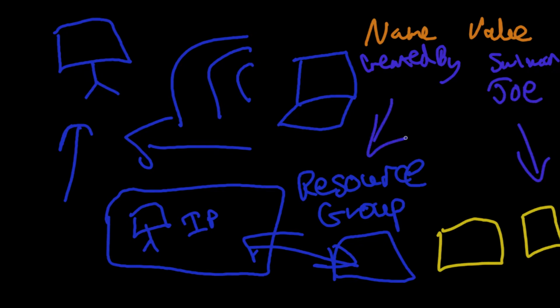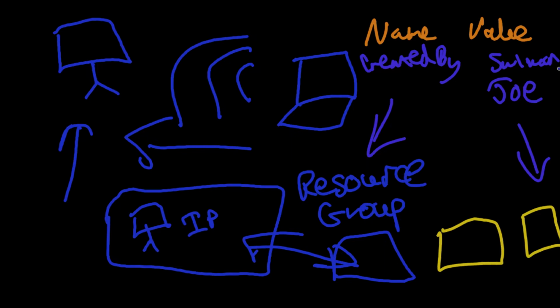And now I can later on filter by these tags and say, okay, all the resources or resource groups or even subscriptions which have these tags, show me them, and then the one with Salman and the one with Joe, don't show me them, or vice versa. Or maybe show me all of them, okay?